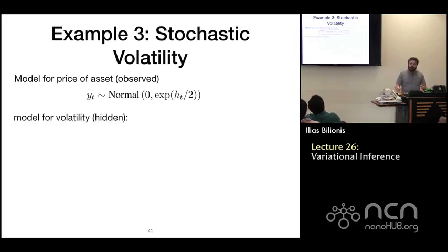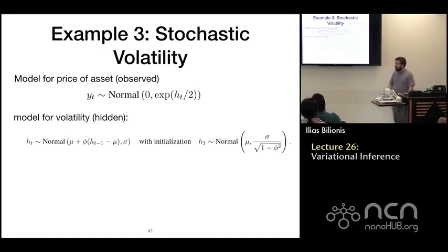And you observe y of t, that's the price of your asset, or the log price of your asset, and you assume a model for the volatility, which here is just a linear model. So you assume that the volatility is some constant plus a term that depends on the previous volatility.